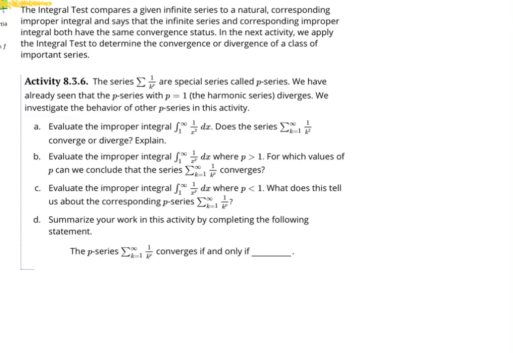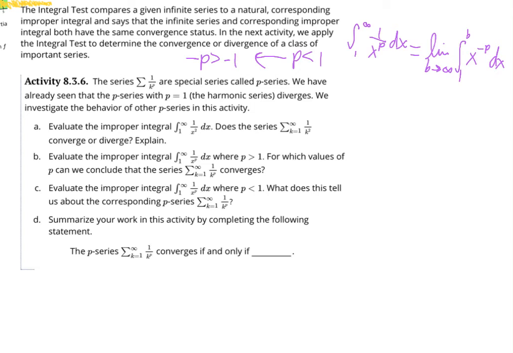Let's work it out. We're going to calculate the integral from 1 to infinity of 1 over x to the p dx. We're going to operate under the assumption that p is less than 1. And we'll do the same setup we did the other times. I'm going to write 1 over x to the p as x to the negative p. So recall that if p is less than 1, that means negative p is greater than negative 1.